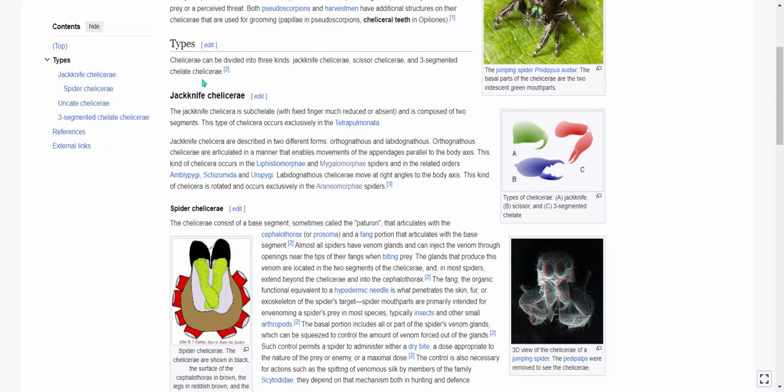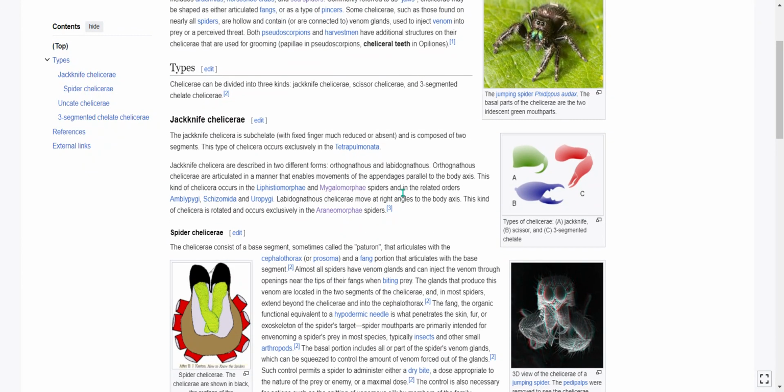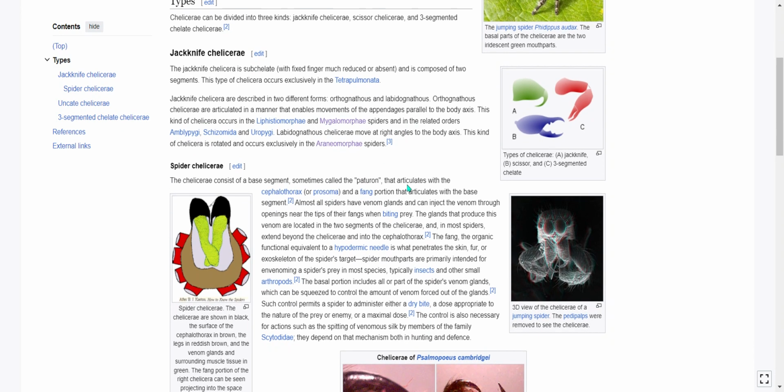There are three main kinds: the jackknife chelicerae, which can move and has two subparts, those being the orthognathous fangs, which move parallel to the body, and the labidognathous fangs, which move perpendicular to the body.